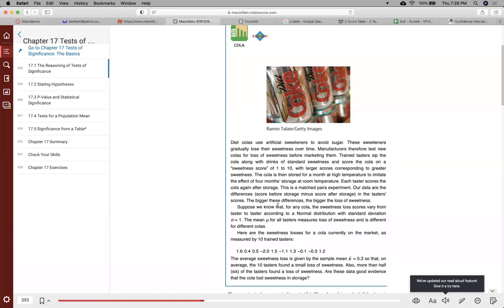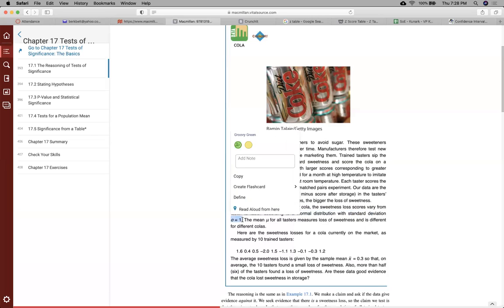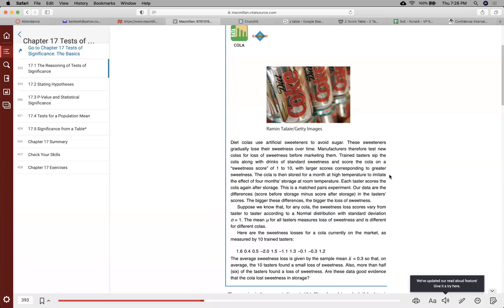And what we do in this example, at least, is we look at the difference between the before and after. The bigger the difference, the more sweetness was lost according to that taster. So suppose that we know that the sweetness loss scores vary from taster to taster according to a normal distribution with a standard deviation of sigma equals 0.1. Now remember, two of the things that we need are normal and known sigma.